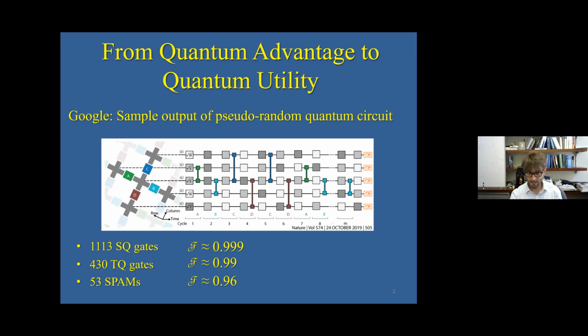And somewhat coincidentally, when you go through the math there, each of these contributions ends up being about a factor of 0.1. Okay, so the overall fidelity that you get just due to the single qubit fidelity is about 0.1, so on and so forth. And so you get about 10 to the minus 3 at the end. This is the fidelity of the actual computation.